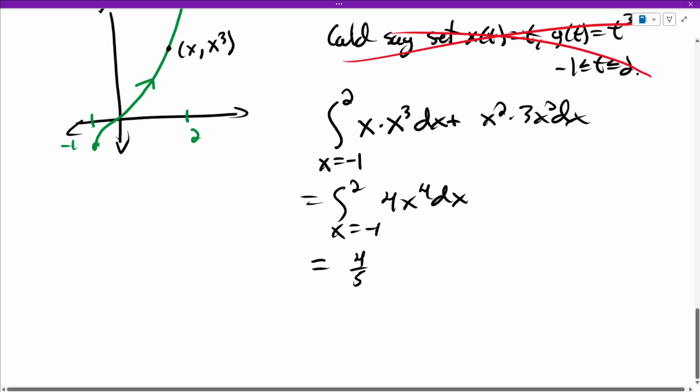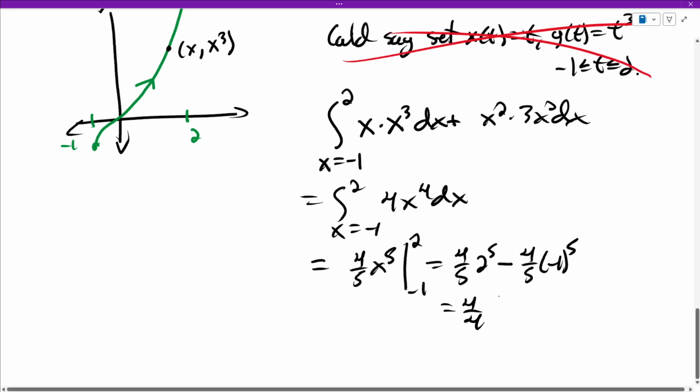So that's 4/5 x to the 5th, evaluated from -1 to 2. So that's 4/5 times 2 to the 5th minus 4/5 times -1 to the 5th. I'm going to factor out the 4/5.